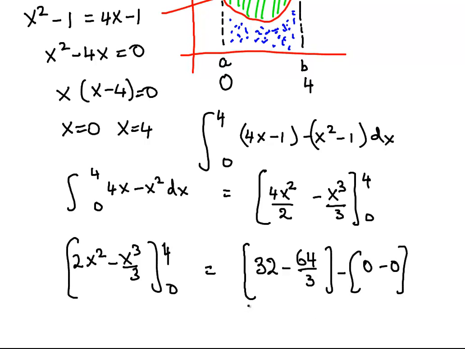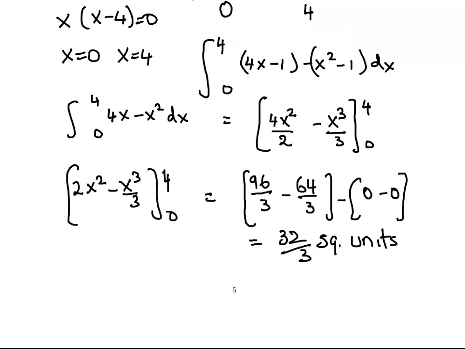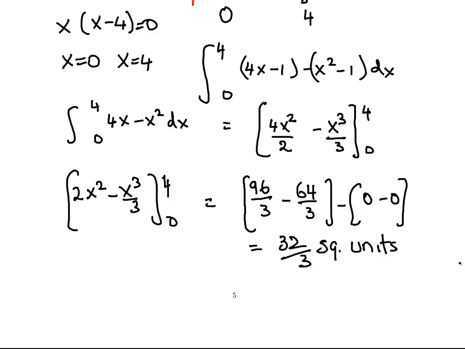Okay. 32 is 96 over 3. So what we have here is 32 over 3 minus 0. So it ends up as 32 over 3 square units of area.